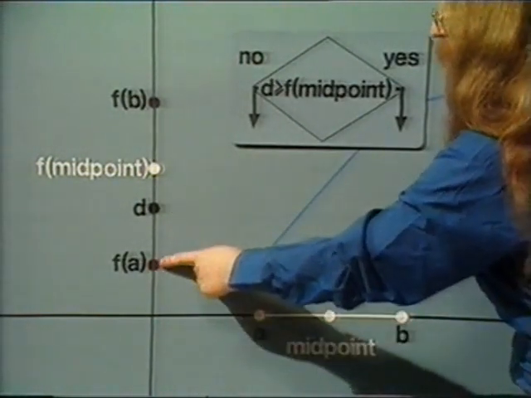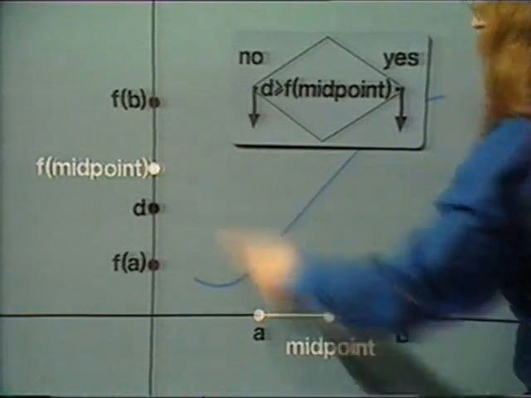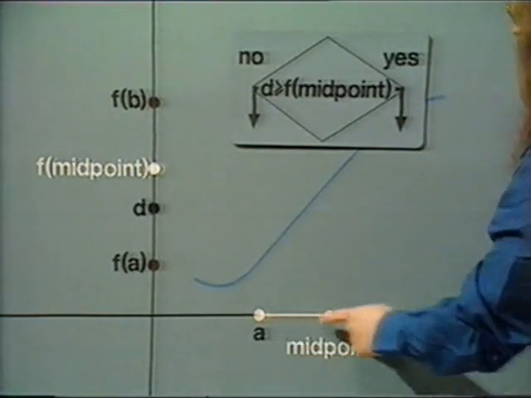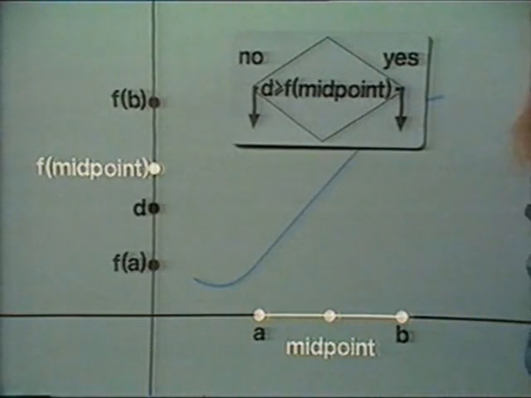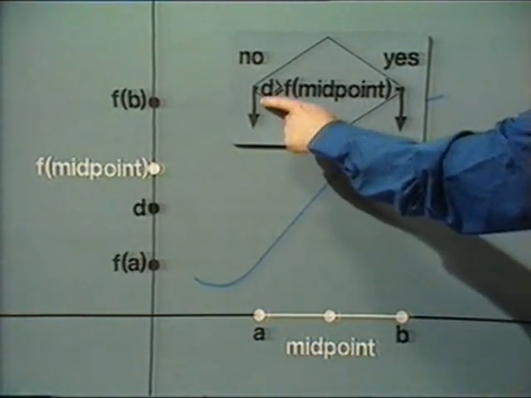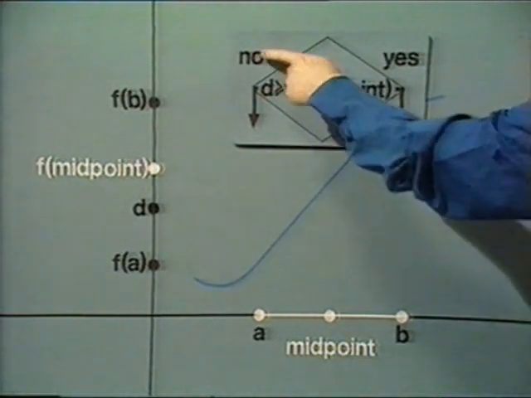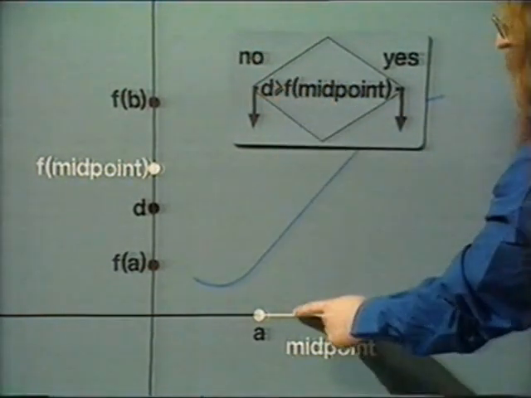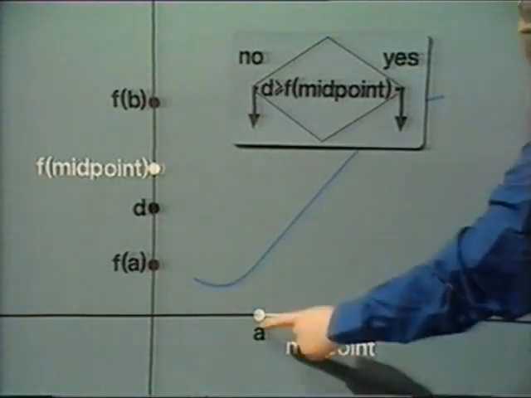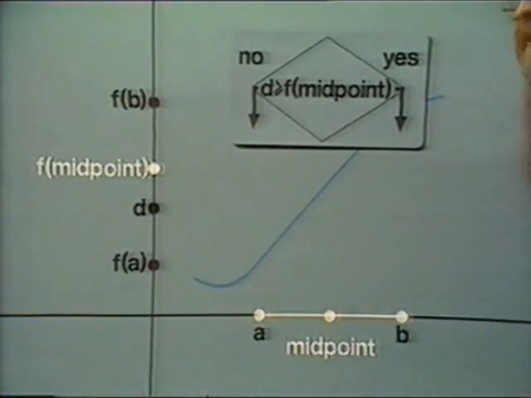It lies between this image and this image. So we want to choose this half interval. And that again agrees with our decision procedure, because here D isn't greater than or equal to f of the midpoint. We have to answer no to this question and choose the left-hand half. So this left-hand half gives us the second interval in our bisection nest.